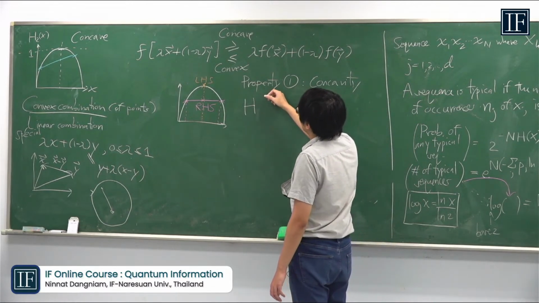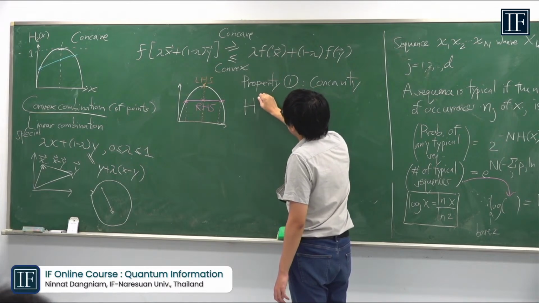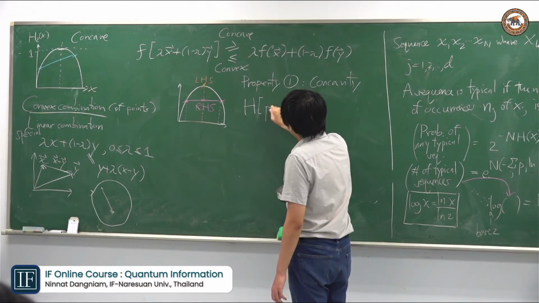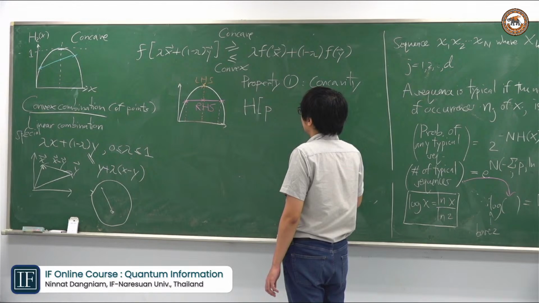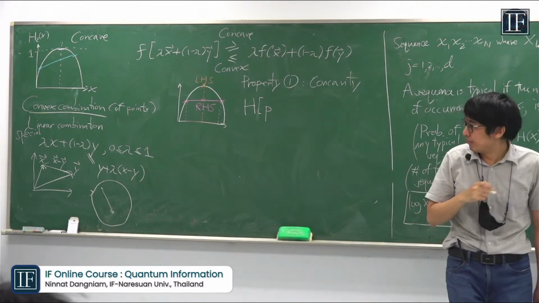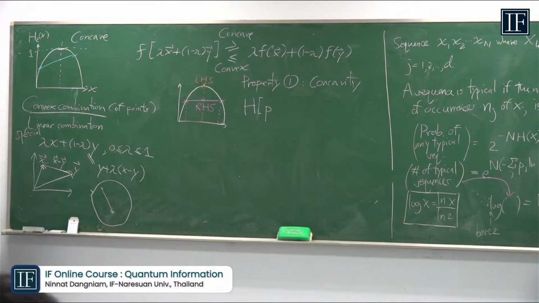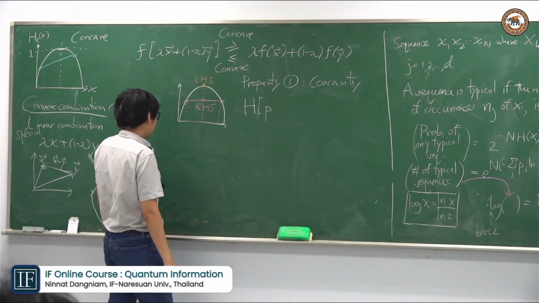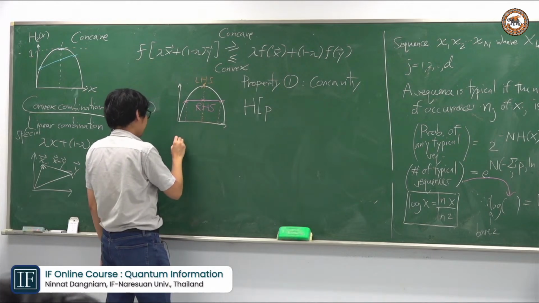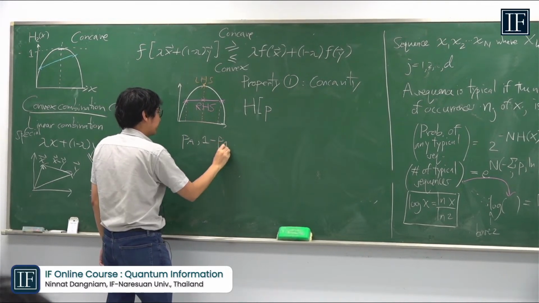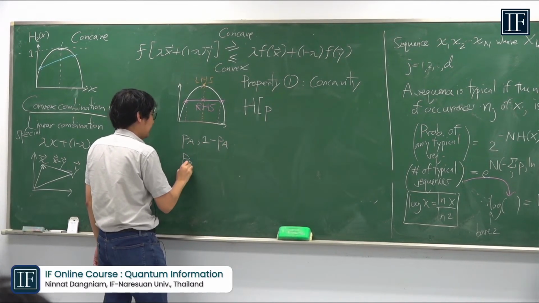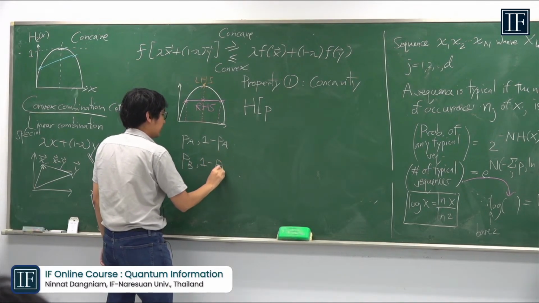Being concave means that if I have a convex combination with probability, maybe I want lambda because there will be too many p's. Let's say there are 2 binary distributions, so PA and 1 minus PA, and PB and 1 minus PB.